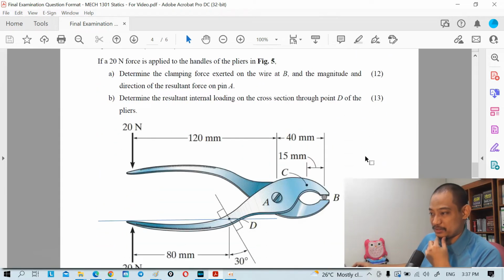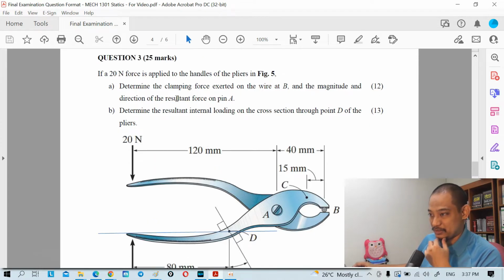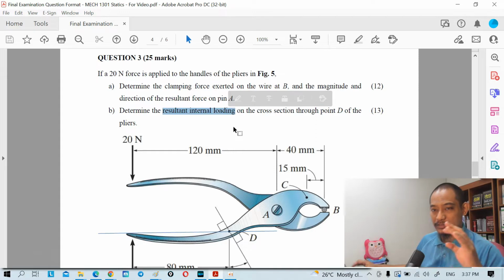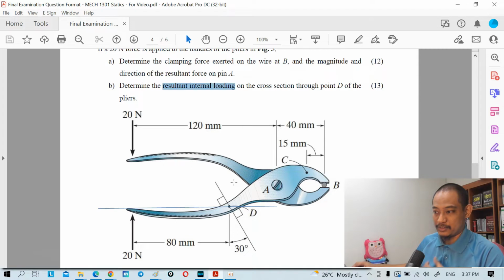Now question number 3, we have a machine here. We need to find the force from the machine, but also this is internal loading. So this question combines two different chapters. One is about machine, which is this clamping plier here, and another one is internal loading at a particular cross section.